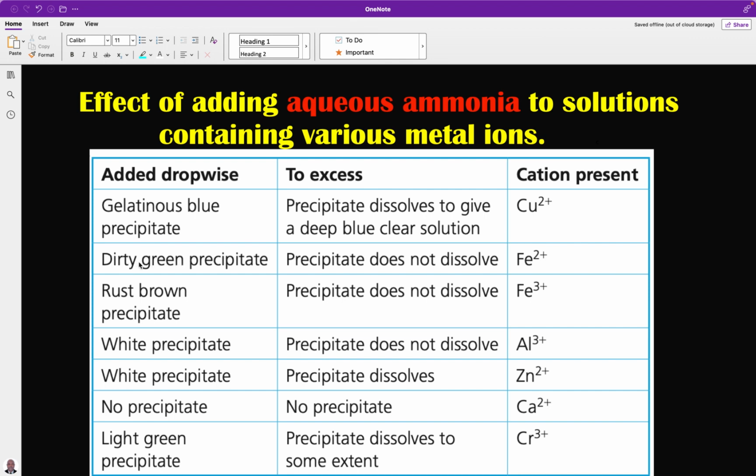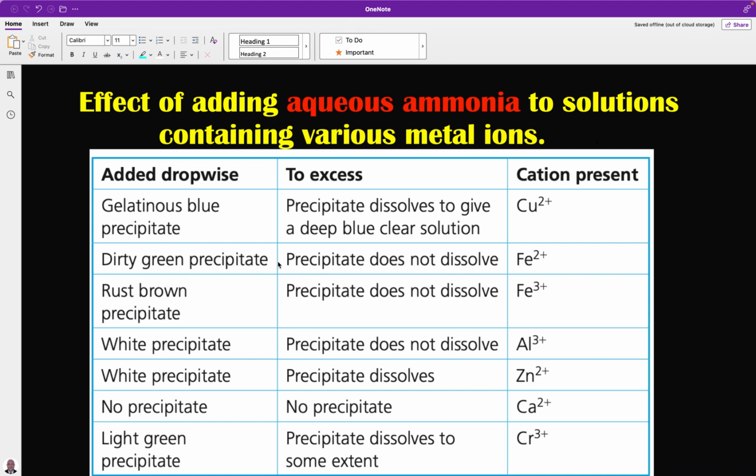If we take a salt solution, the same solution we used above, this time we add aqueous ammonia, and we observe a dirty green precipitate is formed.